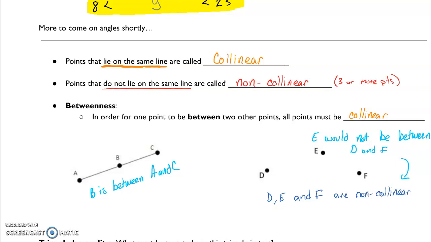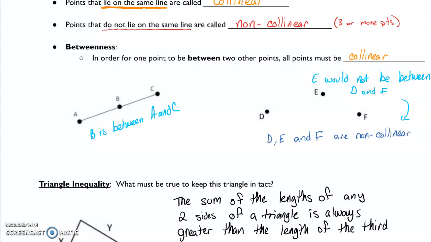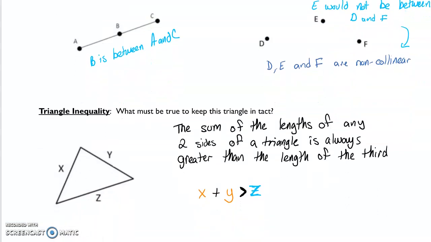Moving into a concept of non-collinear, and we'll get to it, and as I scroll down in a second, you can see collinear points, 3 collinear points, they can form a line, a segment, a ray, but they can't form anything really else. 3 non-collinear points can form a triangle. And that's where we get the triangle inequality theorem here.